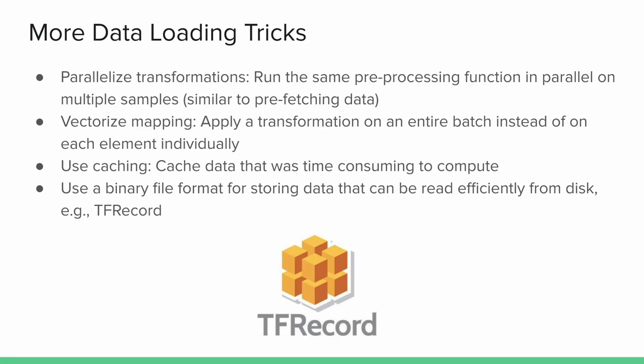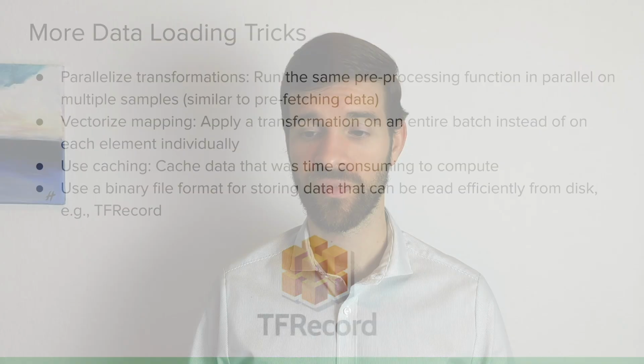There is a format called TensorFlow Records, which is a prime example of such a binary format, where you can efficiently store your data and load it into memory by reading large chunks at once that can then easily be used for training.